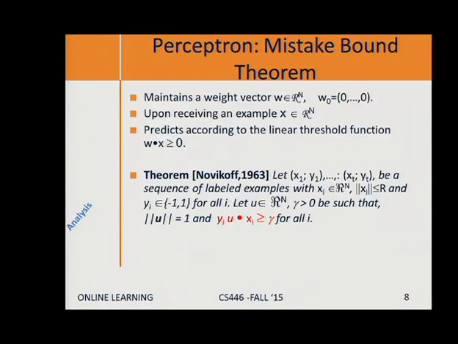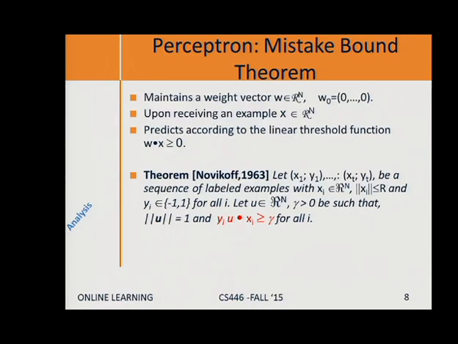This is an old theorem from the 60s, still very powerful and important. Again, the algorithm maintains a weight vector W. When we receive an example X, we predict according to the current linear threshold function, Wx greater than 0. We say yes, otherwise we say no.